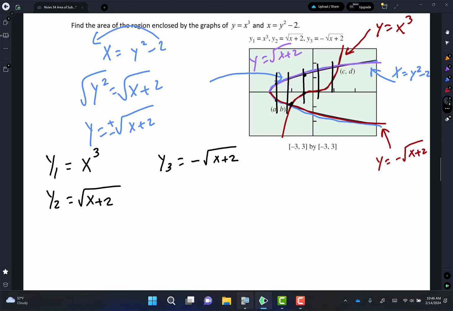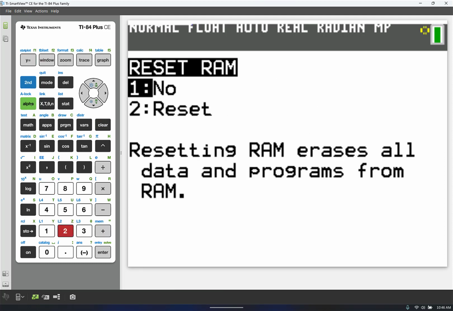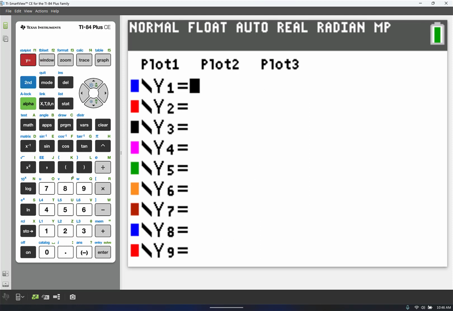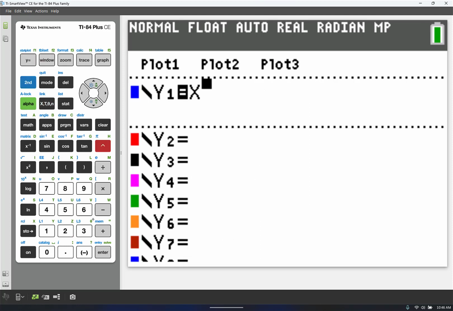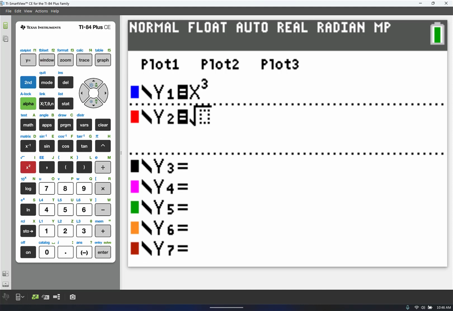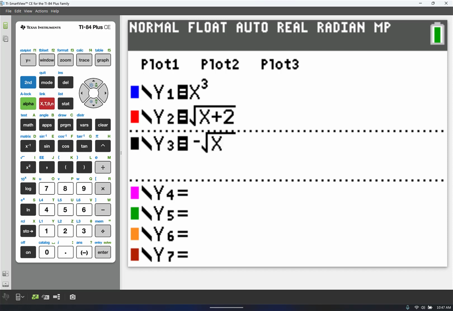So I take my calculator. Y equals, clear. You know what? Let me reset everything. Second, memory, 712. Let me show you. X to the third power is y1. Y2, square root of x plus 2, and then y3, negative square root of x plus 2.